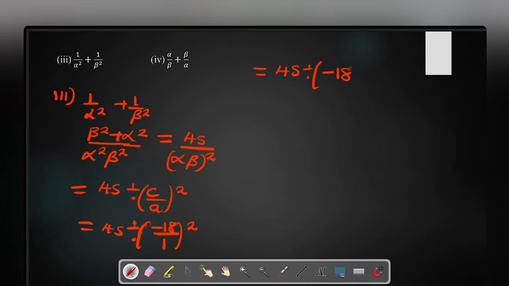This will give us negative 18, then to the power 2. Now this will give us 45, then we'll say divide by, then negative 18 squared means we are multiplying negative 18 times negative 18. So 8 times 8, this will give us 64. So write a 4, we'll keep a 6, then 8 times 1, it will give us 8.